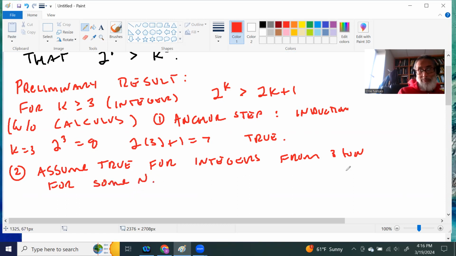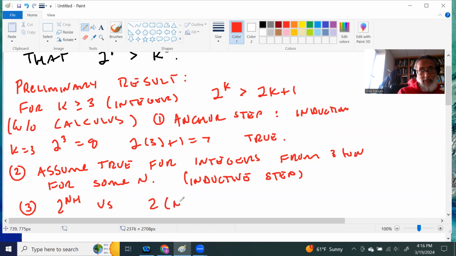That's the inductive step. Now let's look at 2n plus 1 versus 2 to the n plus 1 plus 1.